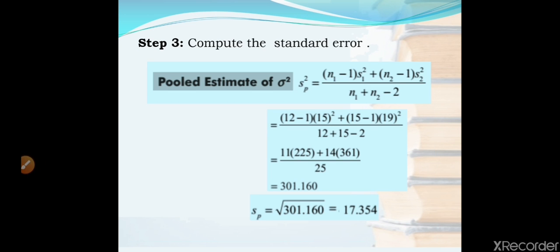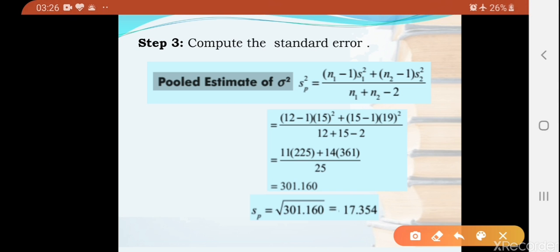Next step is to compute the standard error. So the standard error of differences of means, S square is equal to, here we will use this formula. This formula is different for the small sample size than the large sample size. So here this formula is used to find out the sigma square: n1 minus 1 s1 square plus n2 minus 1 s2 square divided by n1 plus n2 minus 2.